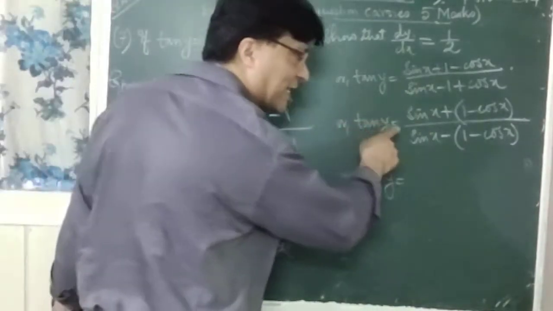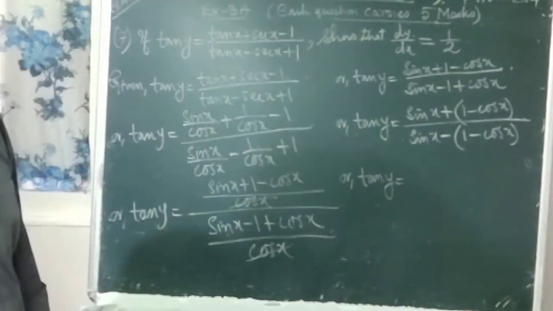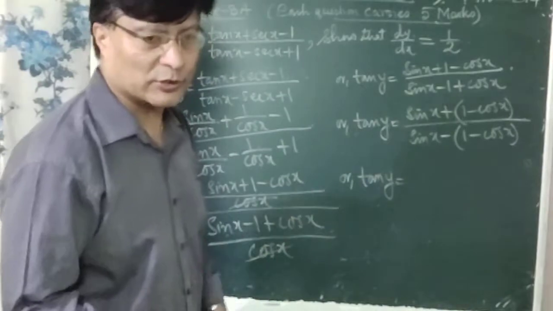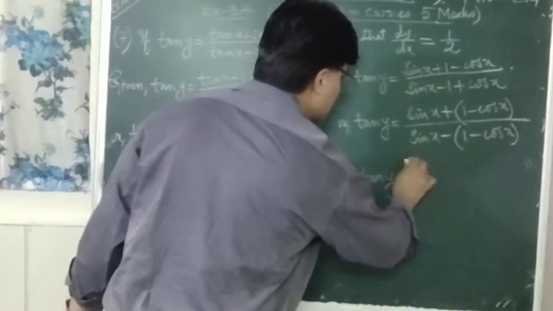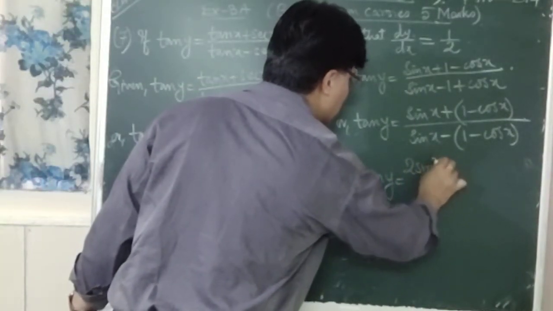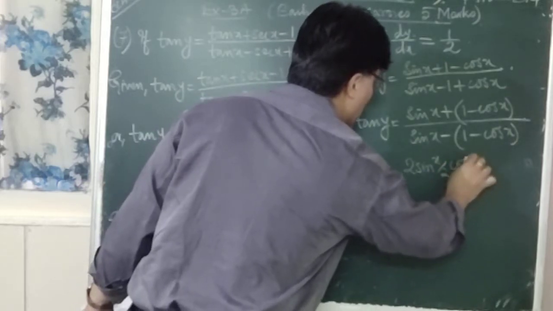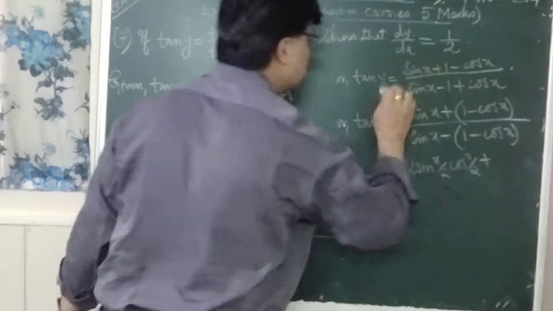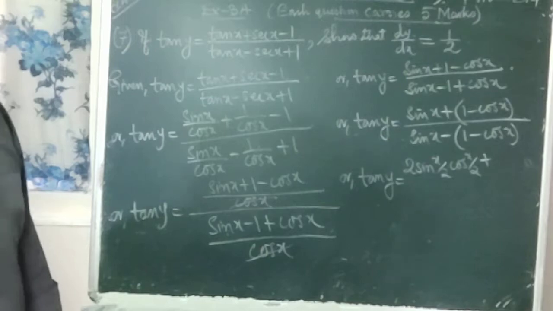What is the formula for sin x in terms of submultiple angle? You know 1 minus cos x also, isn't it? So what is sin x? It is 2 sin x by 2 cos x by 2 plus, what is the 1 minus cos x formula?